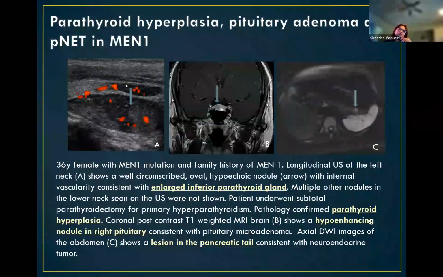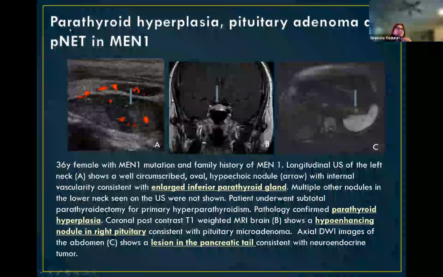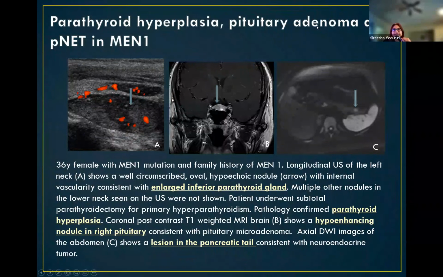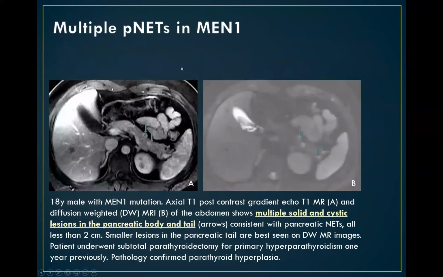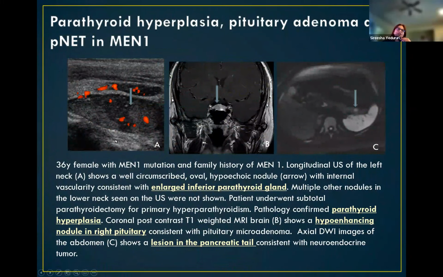So coming to the imaging findings, sample patients. This is the basic one: a 36-year-old woman with a pituitary lesion, parathyroid lesion, and a pancreatic neuroendocrine tumor.